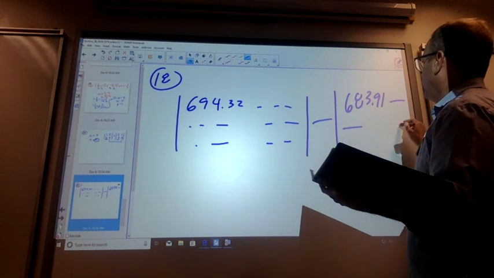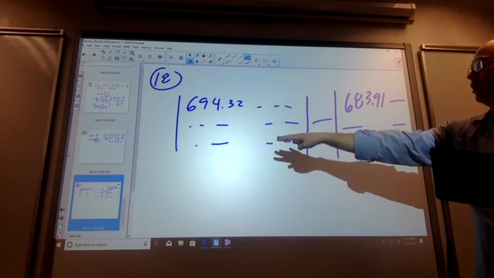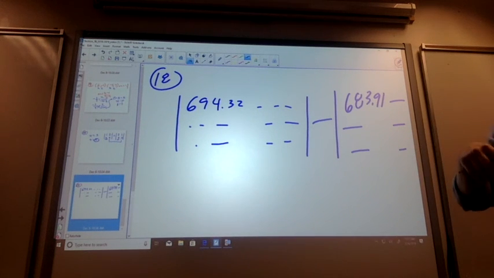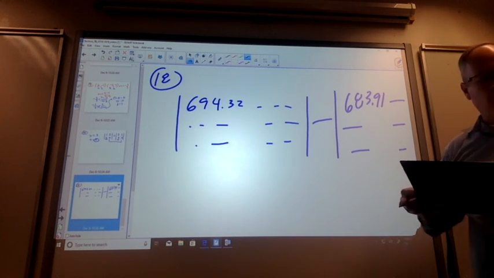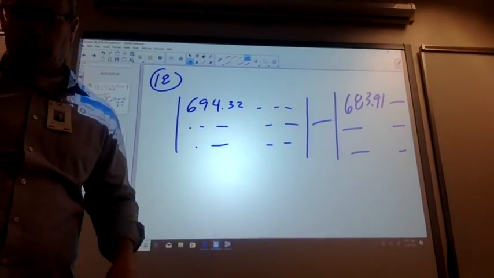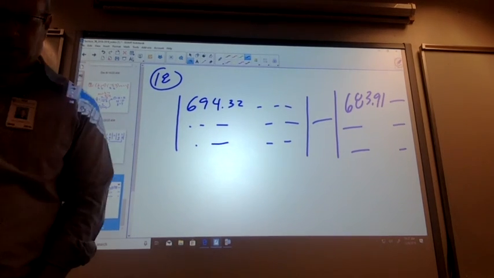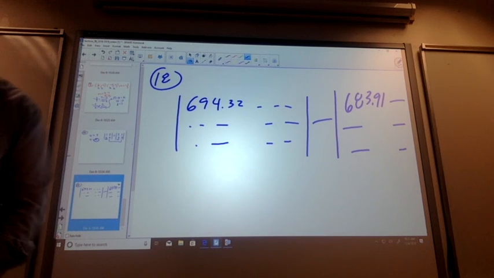Again, I'd plug them in the calculator and let it do the arithmetic for you. Cool? Then your answer would be the difference in price for individuals and families, and the columns still stay the same. 19 is done the exact same way.